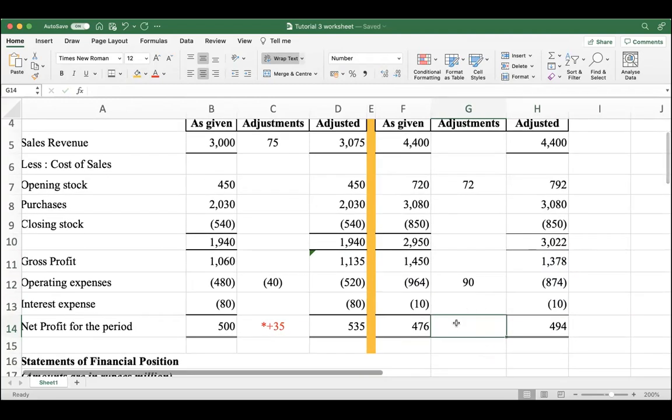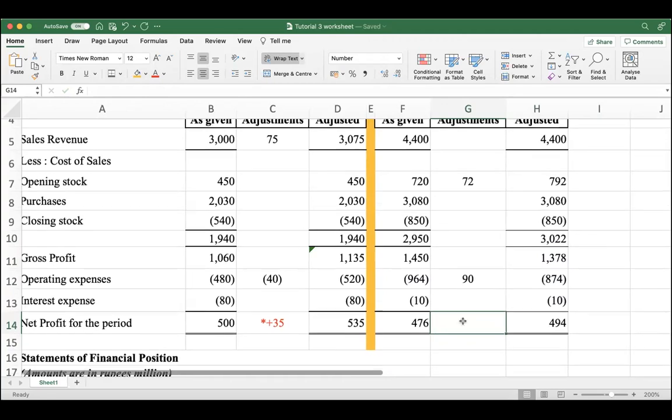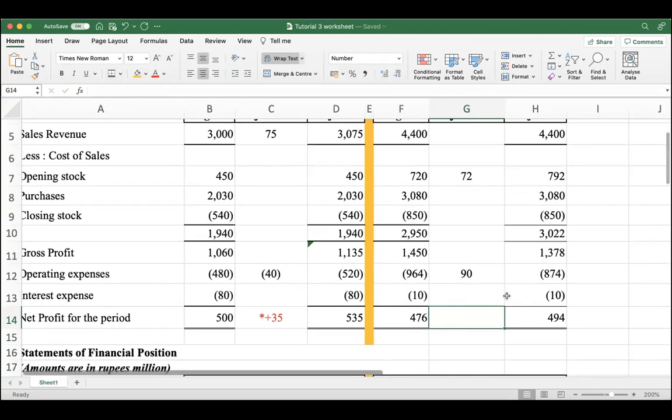Earlier profit was 476. Now profit increases by how much? Profit increases by 18.